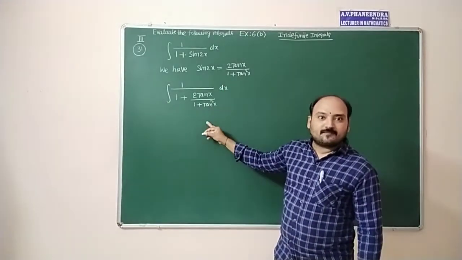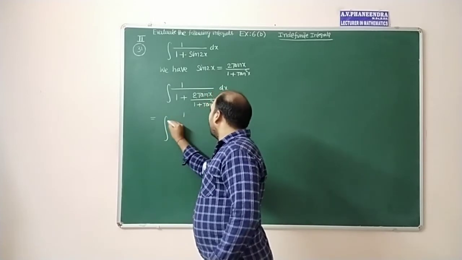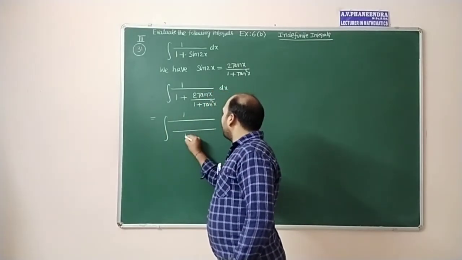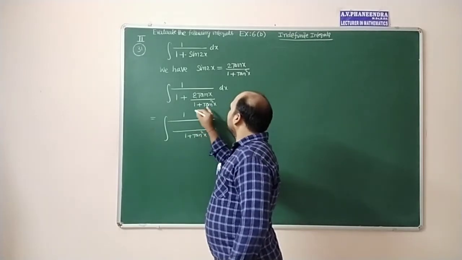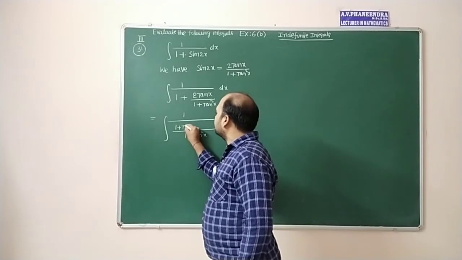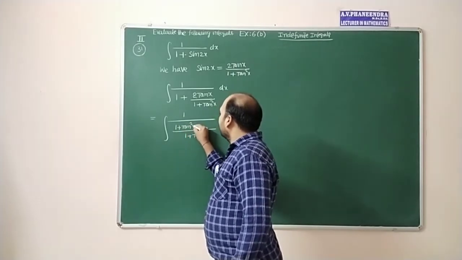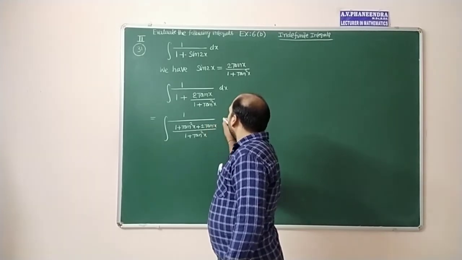After taking LCM for the denominator, integral 1 by 1 plus tan square x is the LCM. So 1 plus tan square x into 1, that means 1 plus tan square x, plus 2 tan x, into dx.